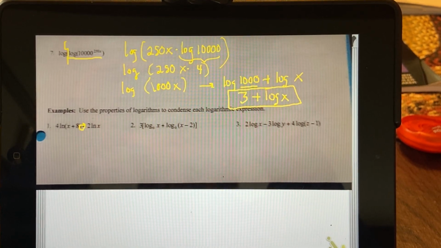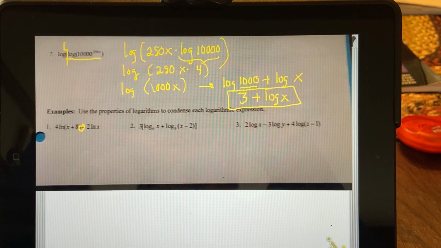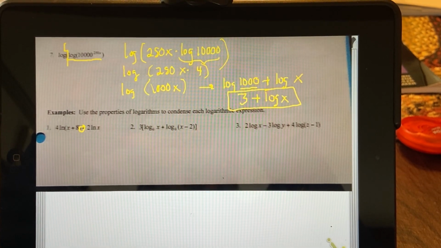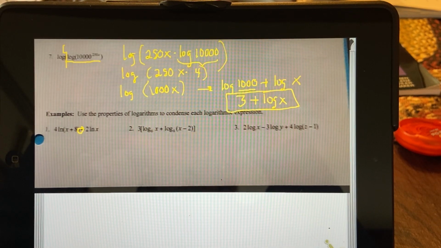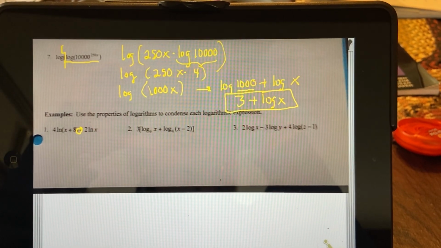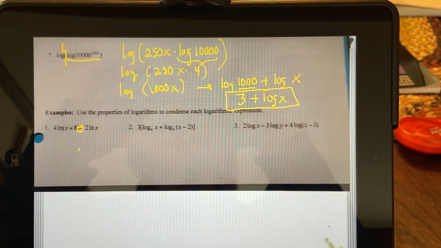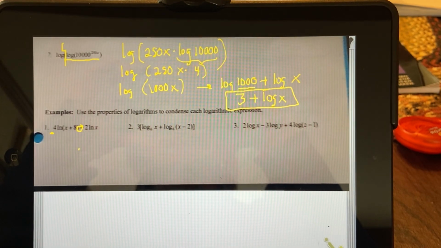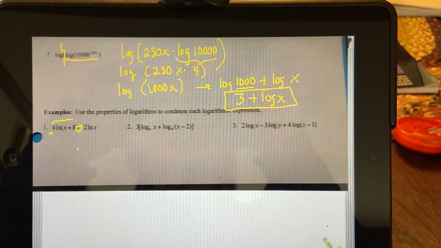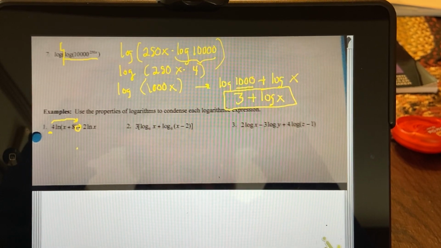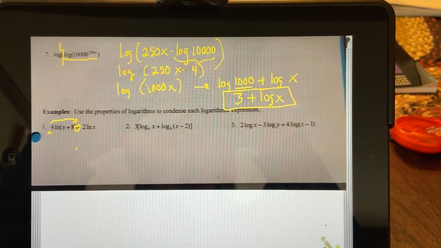Did a botchy job of circling it, but that's a minus sign. Well, minus means division. All right, minus means division. And when I also see this 4, that 4 used to be the exponent of that parenthesis.